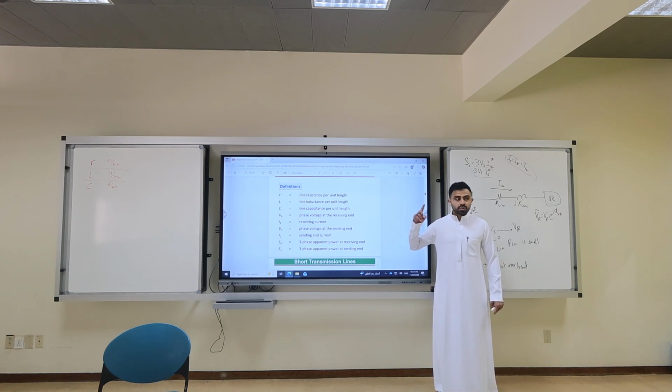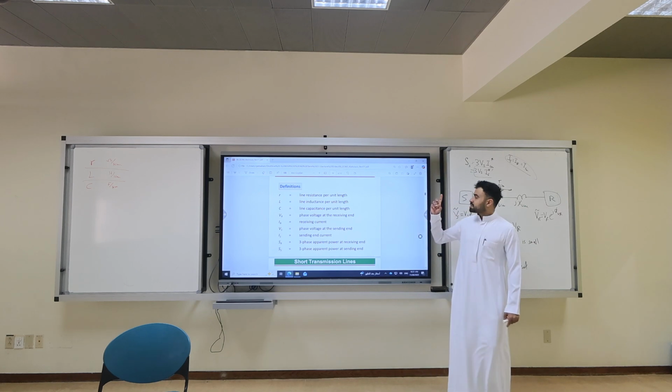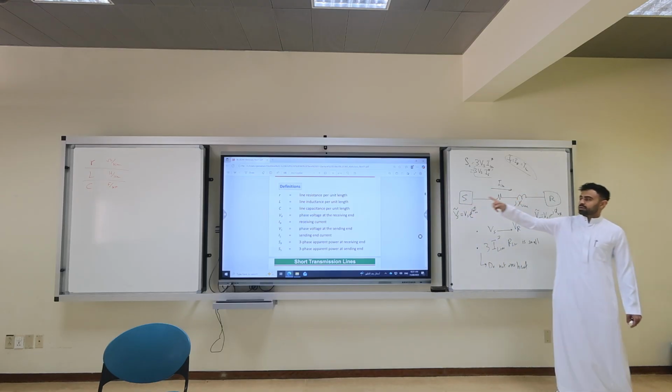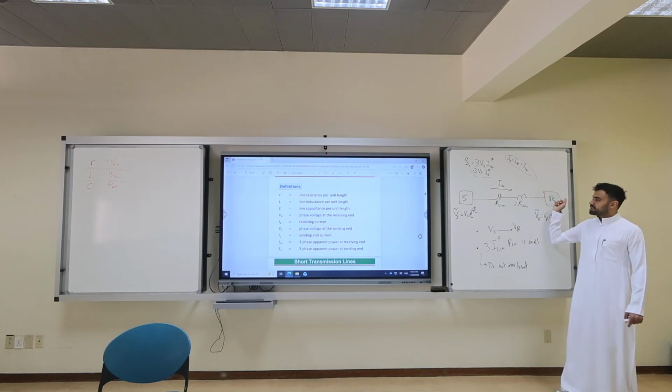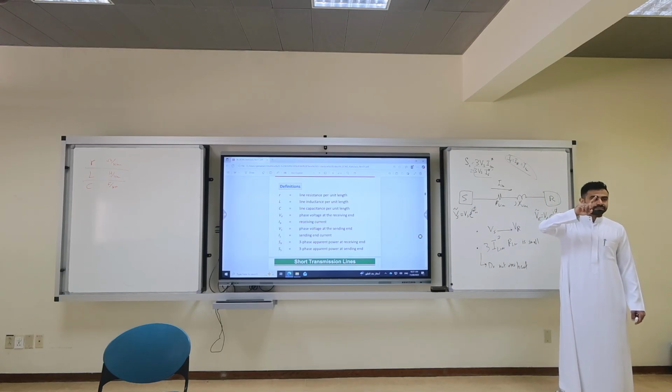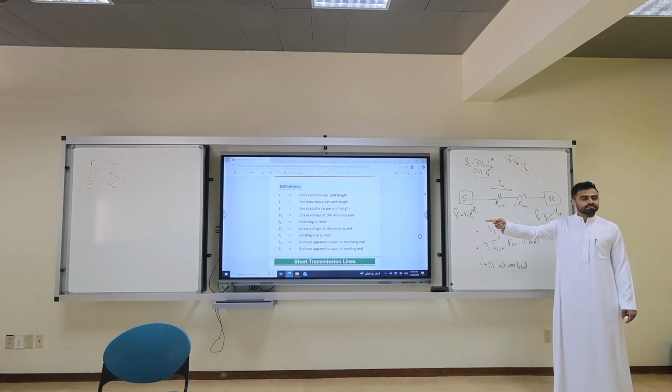But what is equal is the reactive power Q that leaves the sending end is equal to the reactive power that is received, but the real power is not the same. So the complex power is not the same. May I repeat it?